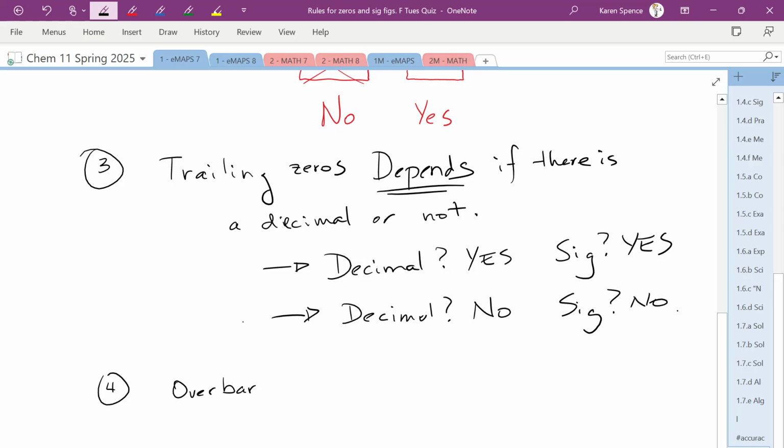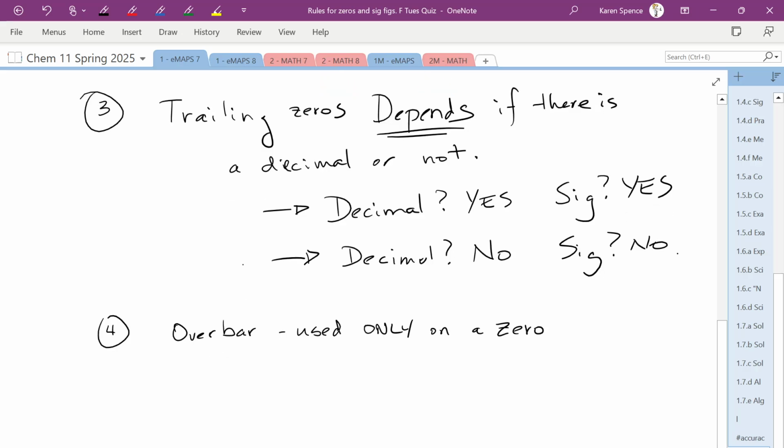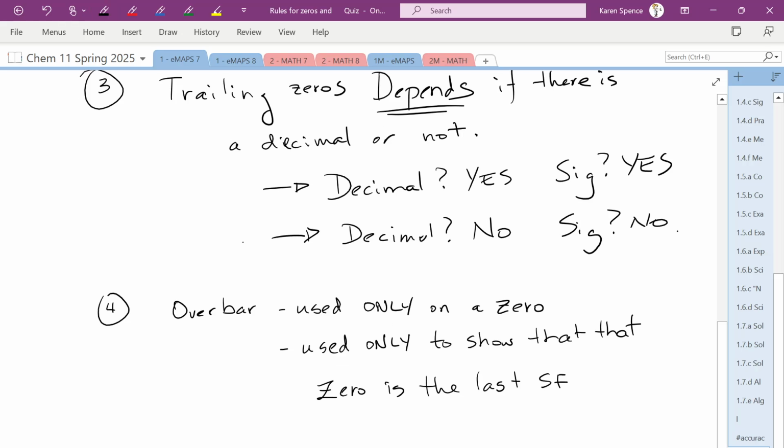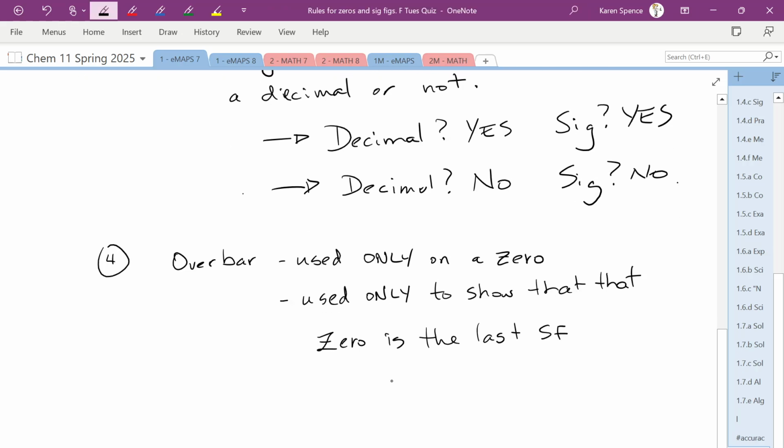The overbar is used only on a 0, and it is only used if you need to show that 0 is your last sig fig, that it is the uncertain digit.